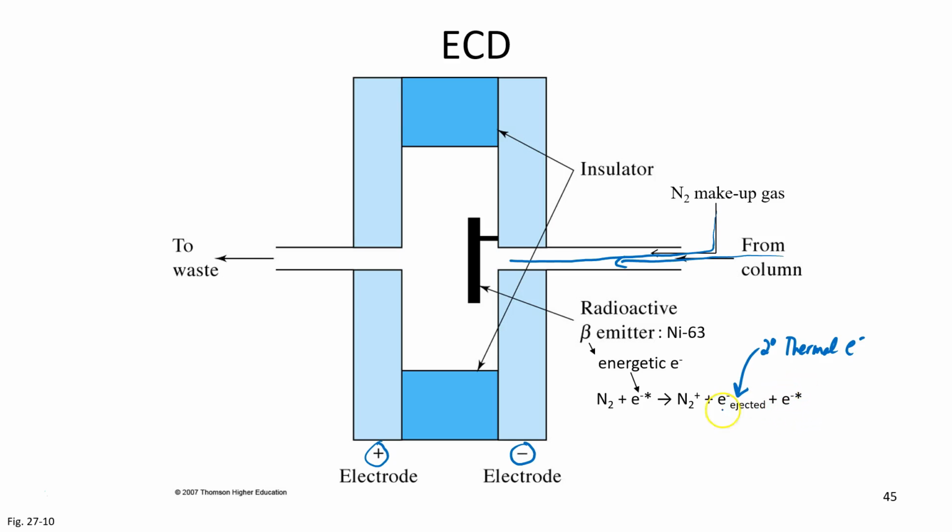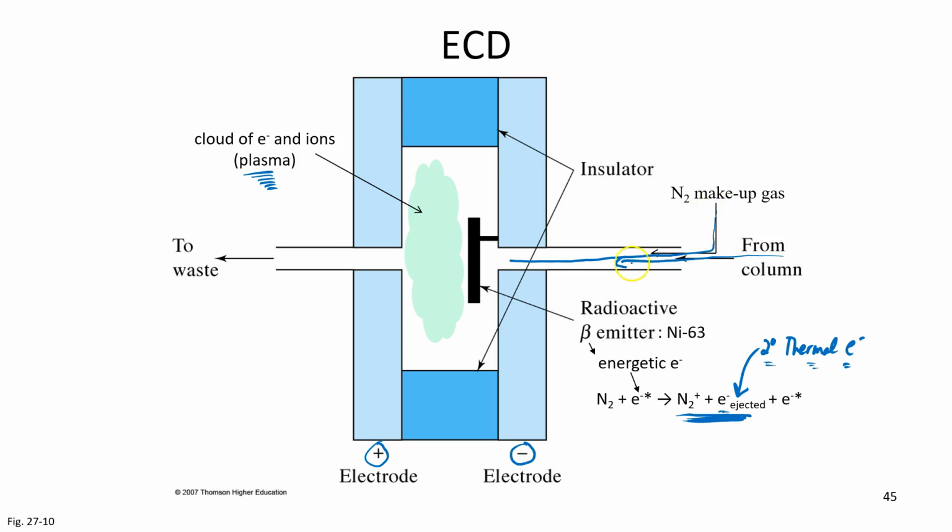Wouldn't it have lost some energy through this reaction? And actually, it really doesn't lose that much energy. One of these beta particles can produce many of these so-called secondary thermal electrons. So now we see that ions and electrons are produced as a result of this radioactive beta emitter. So what you have here is a burst of electrons, or really you can think of that as a little plasma.